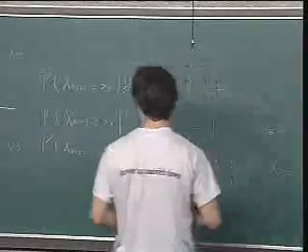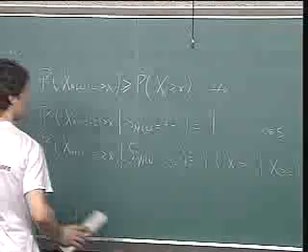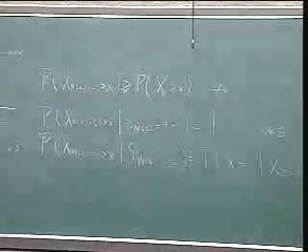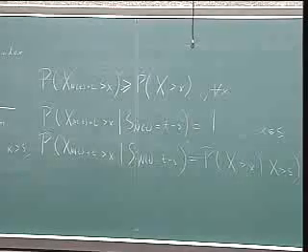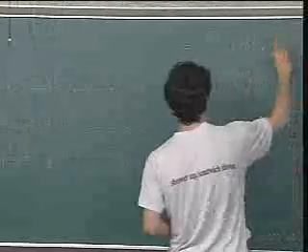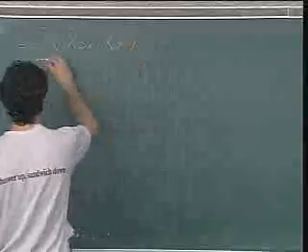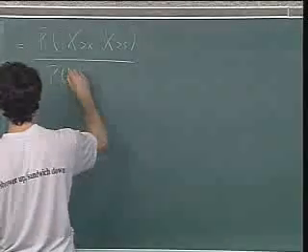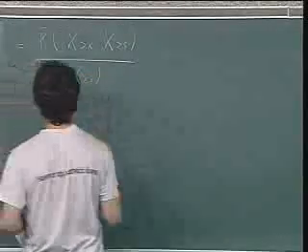So now we can expand this. We can write this as the probability that X is greater than x and X is greater than s, divided by the probability that X is greater than s.